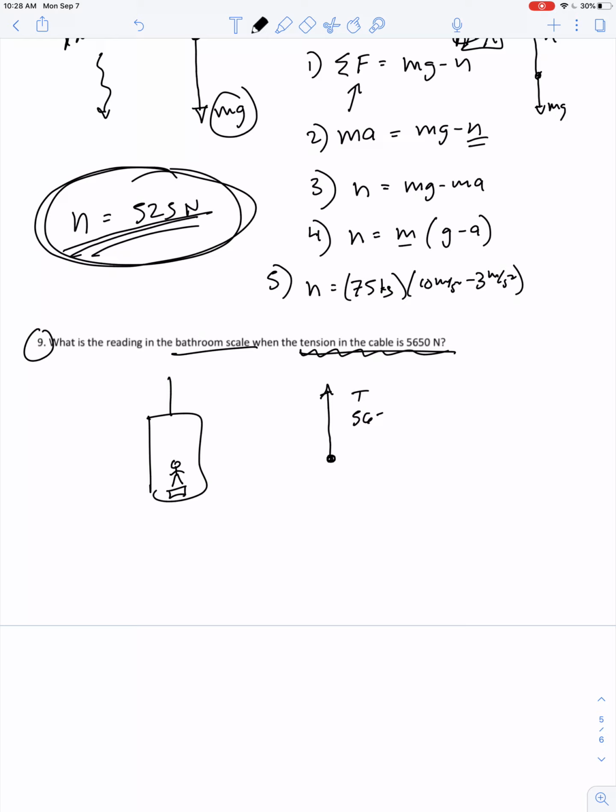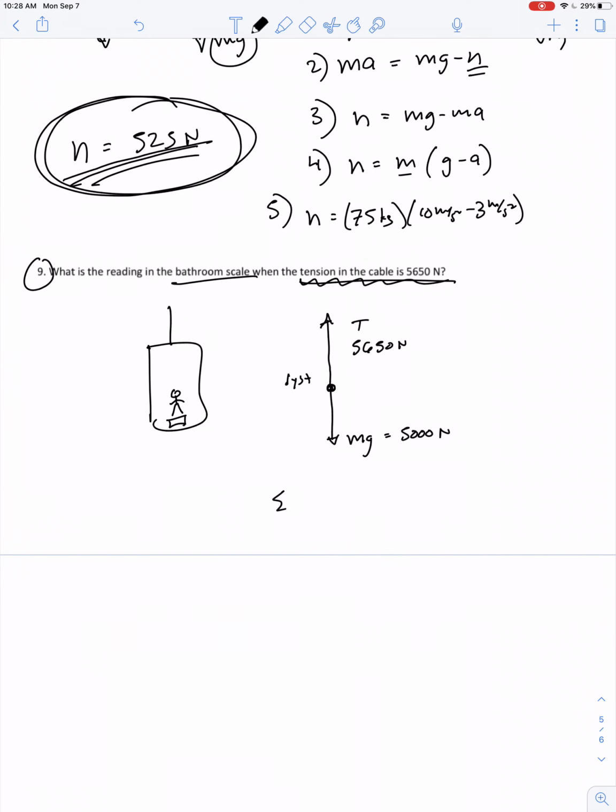the tension is 5,650 newtons, and we found out earlier that the pull of gravity on the whole system is 5,000 newtons. So the net force has to be equal to ma according to Newton's second law, and here it looks like we have a net upward force that can be found by subtracting the difference between T and mg.